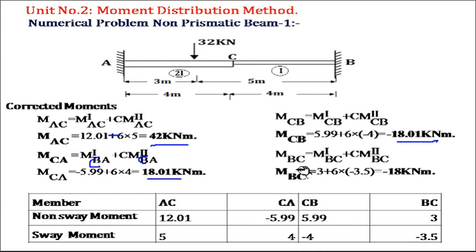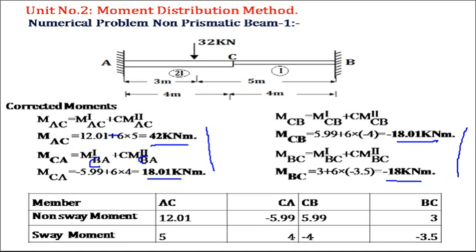The moment in member BC is moment due to non-sway analysis in member BC, which is 3, plus C is 6 into moment due to sway analysis in member BC, which is minus 3.5. So the value is minus 18 kilonewton meter. So these are the correct end moments in members AC, CA, CB and BC.